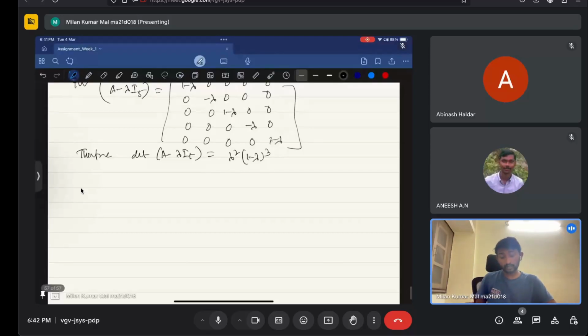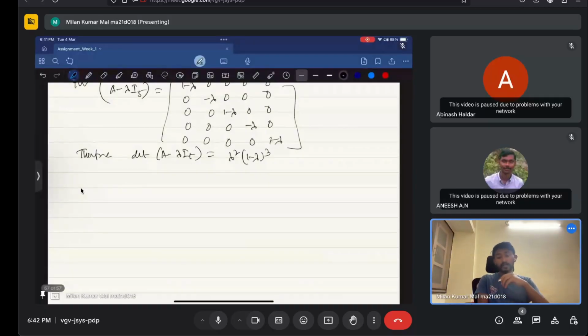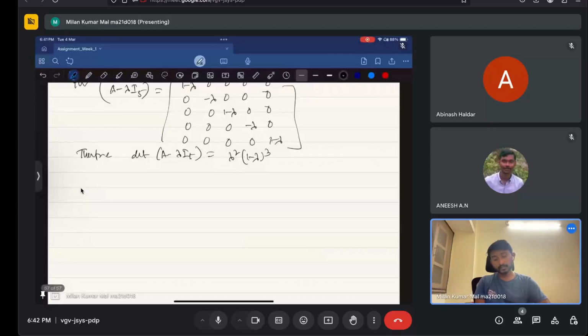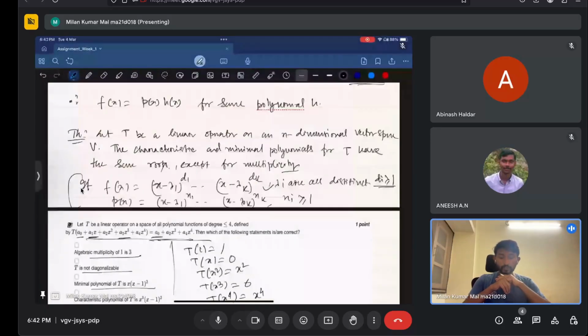Recall that we already discussed these facts: for a linear operator T on a finite dimensional vector space V, if the characteristic polynomial is given by this, then di is called the algebraic multiplicity corresponding to the eigenvalue lambda i, and the dimension of the eigenspace corresponding to the eigenvalue lambda i is called the geometric multiplicity.